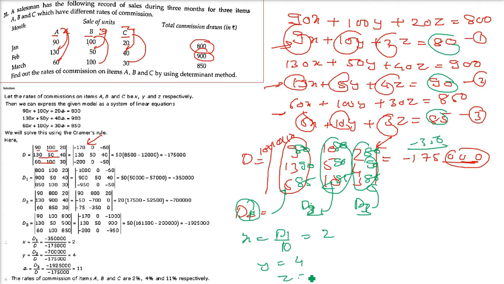Y will be 4 and Z equals 11. I hope you'll be able to do it. The rate of commission is always represented using percentage, so it will be 2%, 4%, 11%. That is what you have to write. The basic idea is to make the equations that I have made, and the rest you know already.